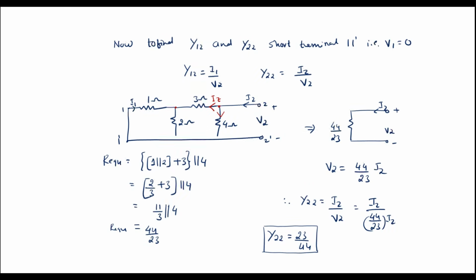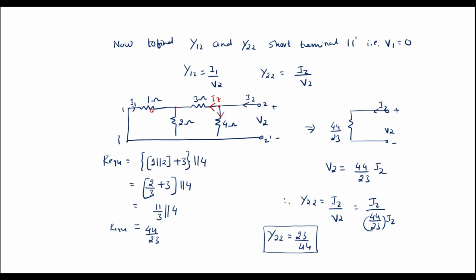So now to find IZ, I can reduce the circuit as this 1 ohm and 2 ohm are in parallel. That combination is in series with this. That is 1 parallel with 2 in series with 3. The value of this is 2 by 3 plus 3, which is nothing but 11 by 3.